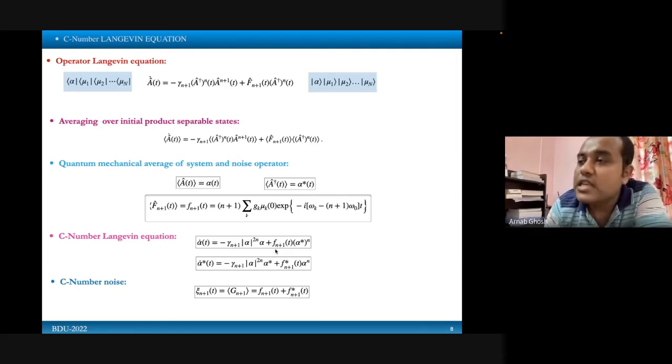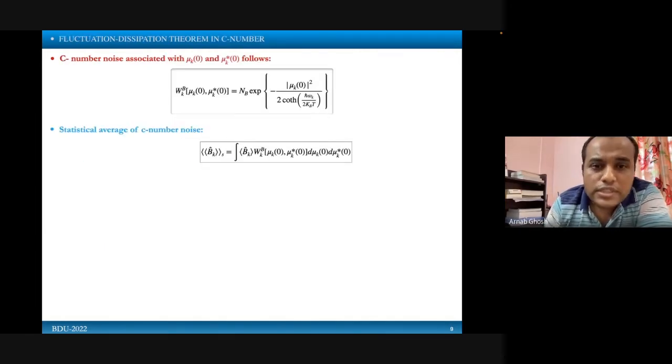But before that, just for consistency, let me show you that these C number Langevin equations also respect the fluctuation dissipation relations, as required for the consistency check.